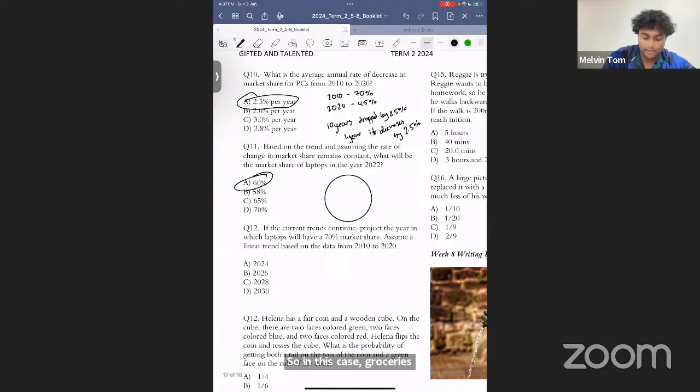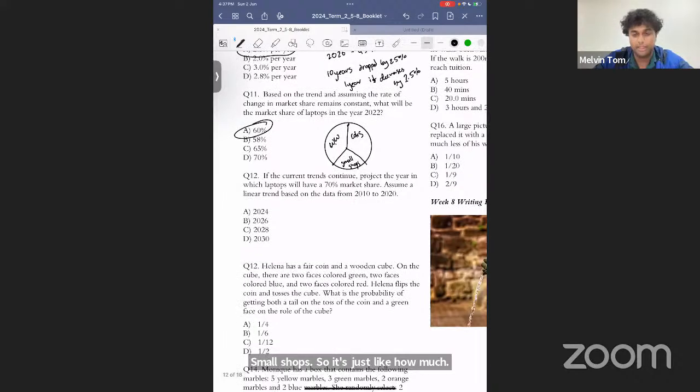You would say that Coles has about 40% of the market share. Woolworths has another 40%. And then the remaining 20% is small shops, I guess. So it's just how much people use it.